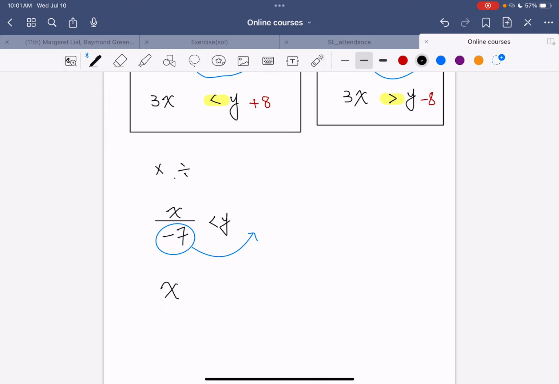So the left hand side times minus 7 we'll get x, and on the right hand side we'll get minus 7 times y. At this point, we have to change the direction of the inequality, because the figure we use to multiply is a negative figure.